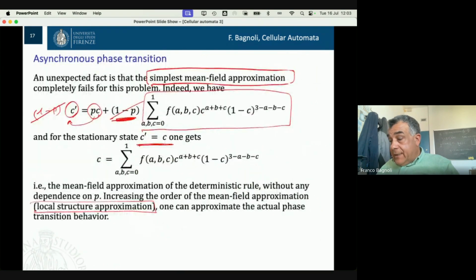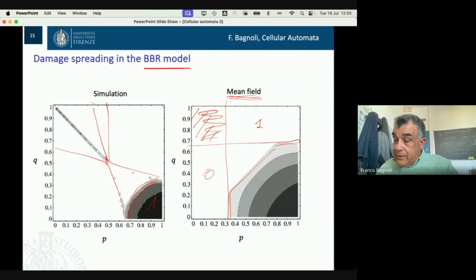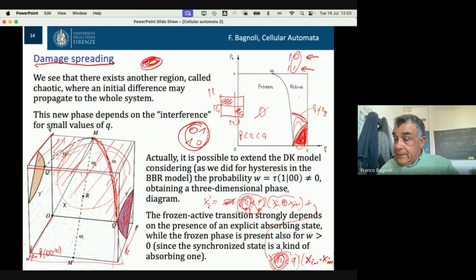And clearly in the BBR model, this point is parity conservation, while these two lines are in the directed percolation universality class. And in the Domany-Kinzel, this is essentially parity conservation, and this is actually another universality class due to the other problems. And this is directed percolation.